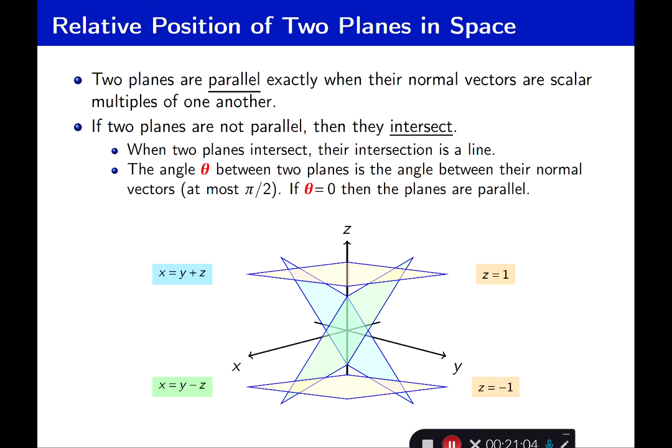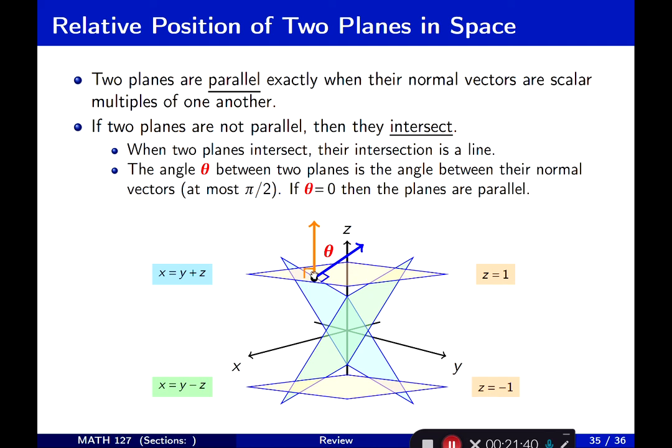And then z equal to 1 and z equal to -1 are parallel to each other. x equal to y plus z intersects the two yellow planes also, and the green plane also intersects the two yellow planes, and each pair intersects in a line except for the two pairs that are parallel.